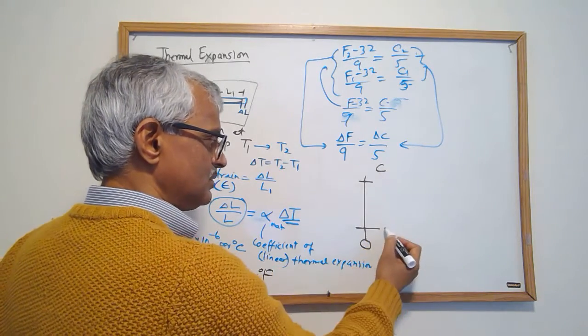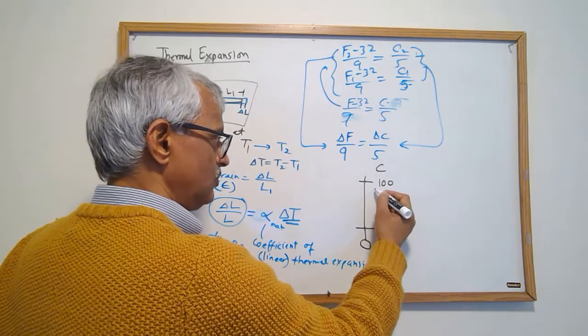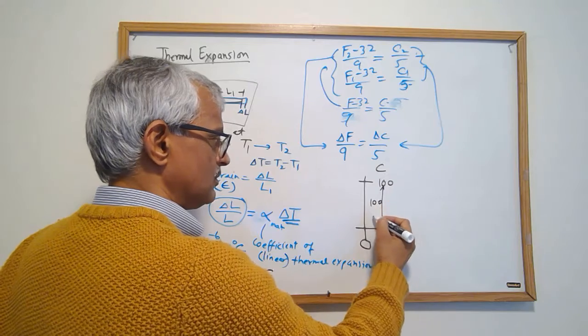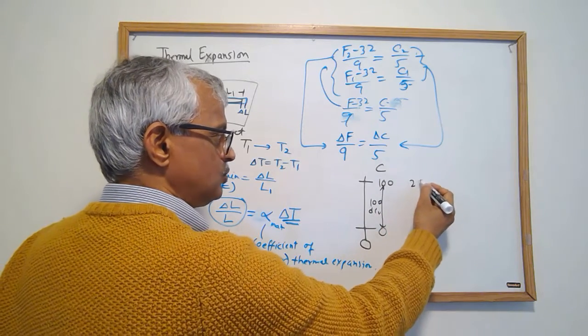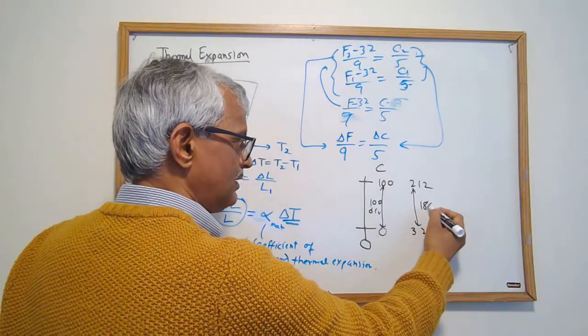So in Celsius, you have 0 degrees here, 100 degrees, and you have 100 parts. And this is 212 and 32, but you have 180 parts.